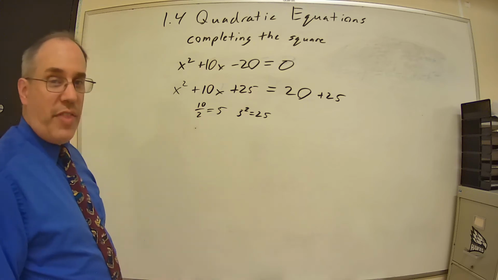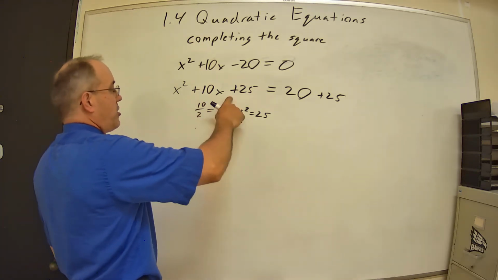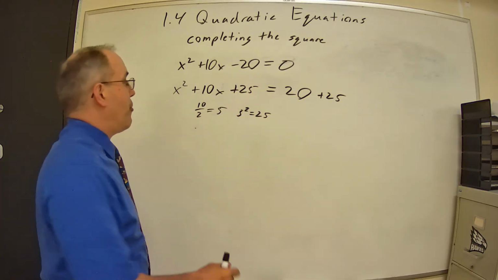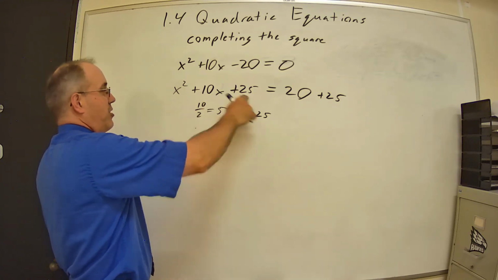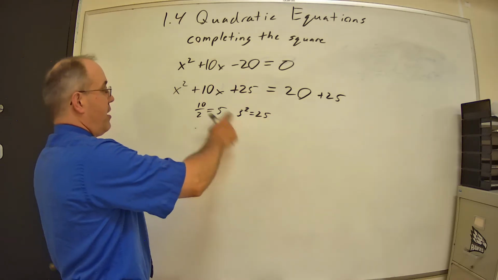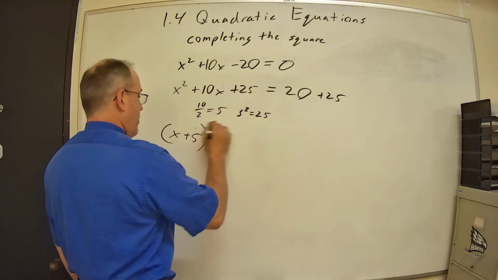Now that I have that, I have x squared plus 10x plus 25. Remember I said with the special products that we want to look for perfect squares. Look, we have x squared, 25, which is 5 squared. So that becomes x plus 5 squared.